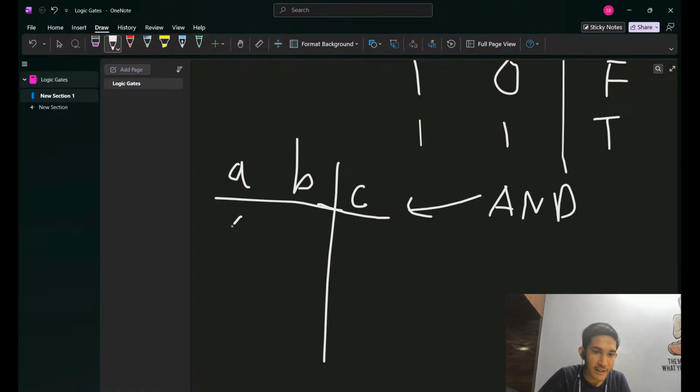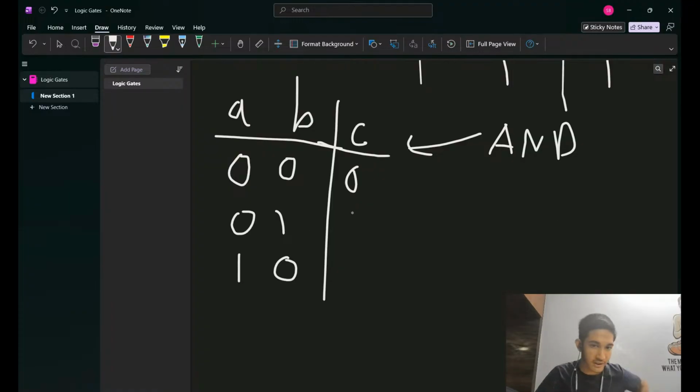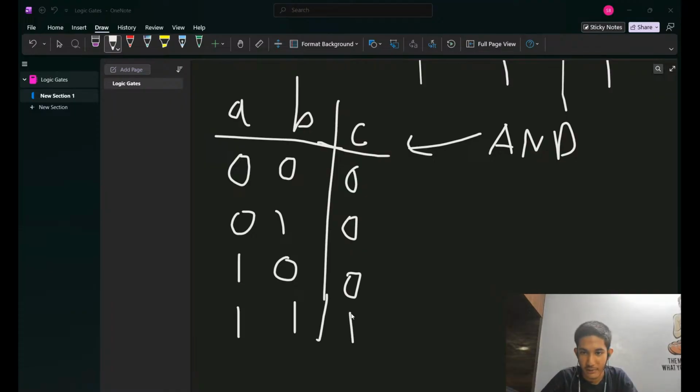It checks if both the numbers are positive, not just one. If both the numbers are 0, then the output will also be 0. If only one of the numbers is 1, and the other number is 0, it's still 0. But if both numbers are 1, then the answer will also be 1.